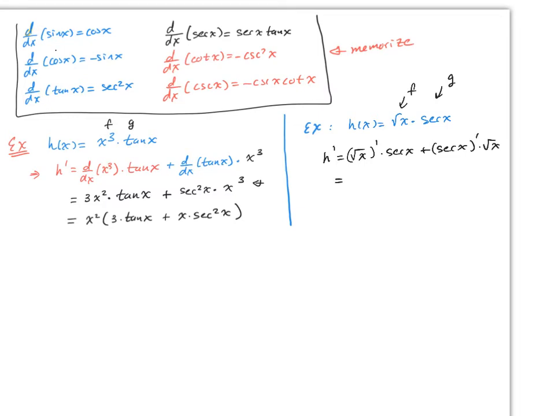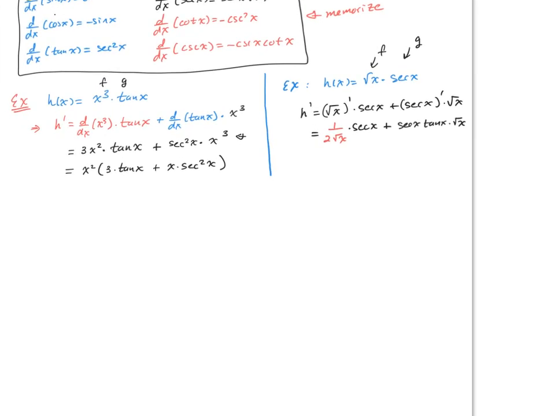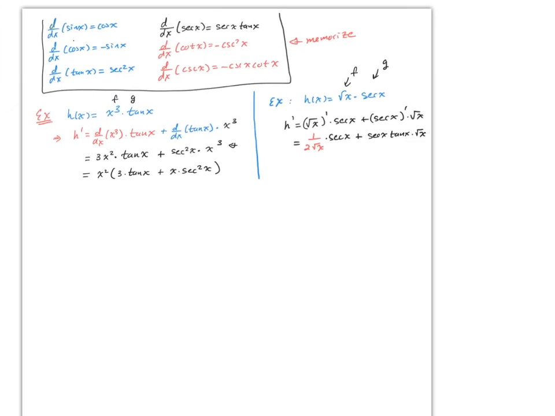Now remember the derivative of the square root of x, we have done that multiple times. It's just 1 over 2 radical x times the second one plus the derivative of secant, which is secant tangent. So this will be secant tangent times radical x. And that's it.